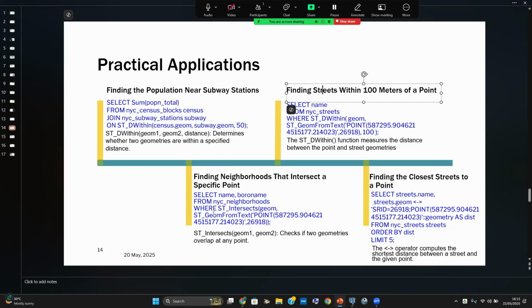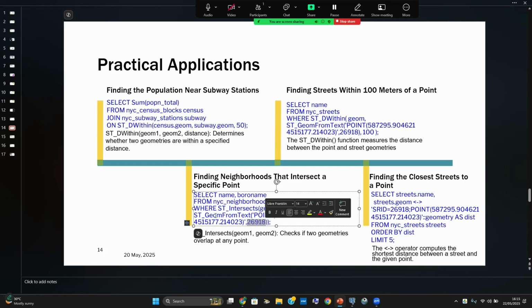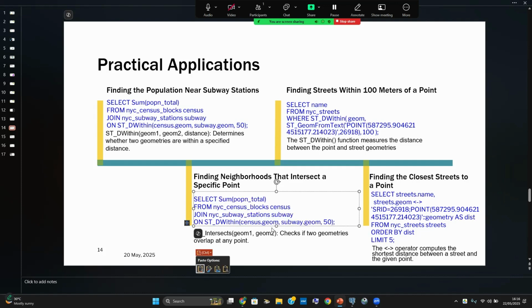The geometry from text function converts the coordinates, and this here is the reference system. It converts the text into a geometry object, and the intersect helps to check if that neighborhood is intersecting with this point, and it will select which one of them intersects with that point.